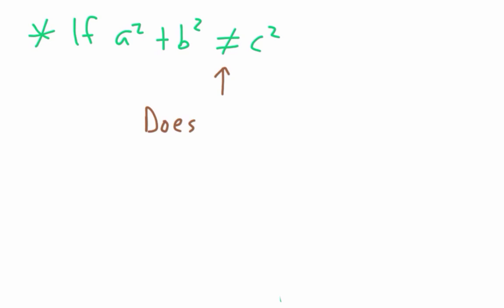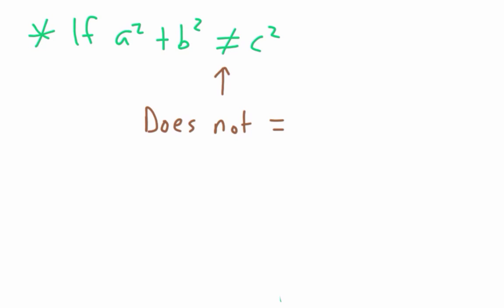Maybe I should say one other thing first before I jump into my examples. The book makes this comment: if a squared plus b squared does not equal c squared, and this symbol here means does not equal, so if you wanted to, you could just write out does not equal.